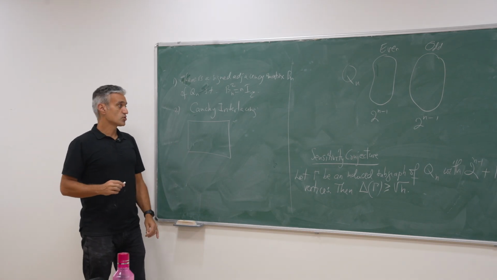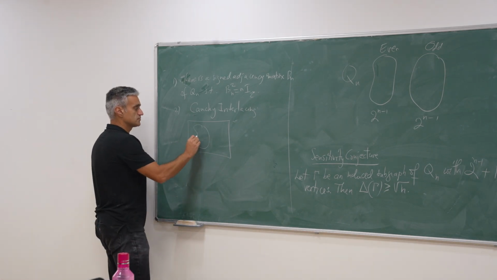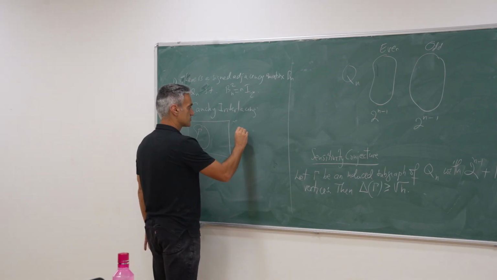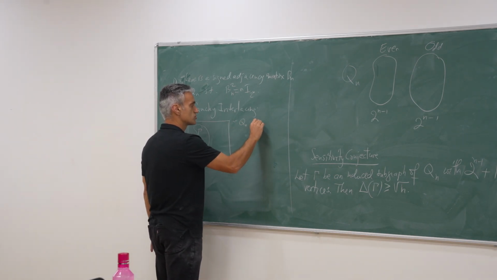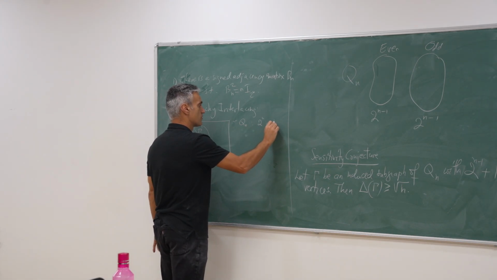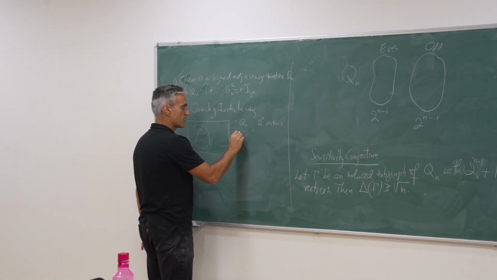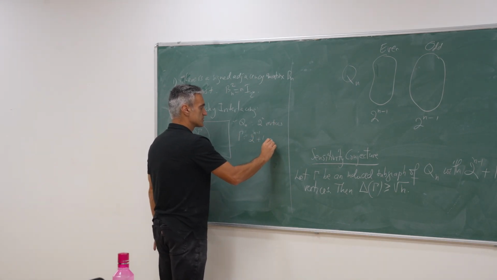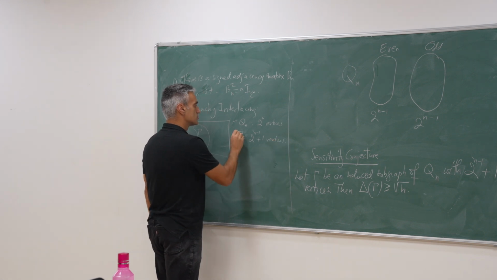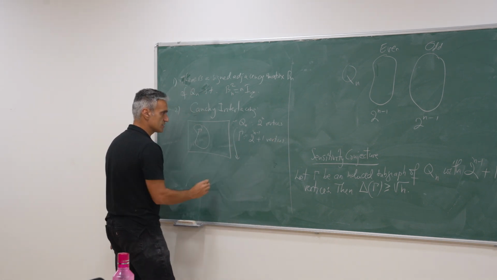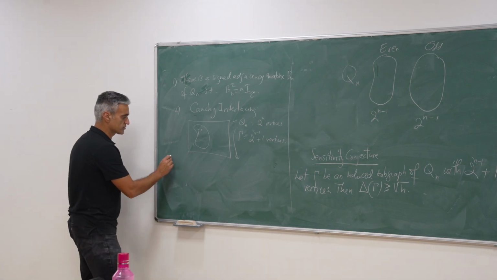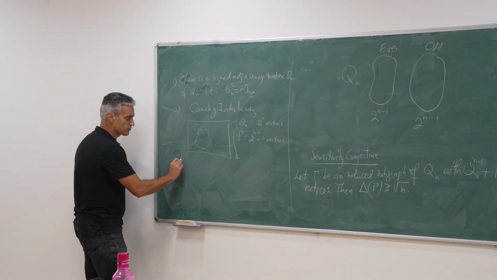So you have here gamma, your graph. The graph Q_n has 2^n vertices, and the graph gamma has 2^(n-1) plus 1 vertices. If you apply Cauchy interlacing here, for Q_n we apply it to the matrix B_n.